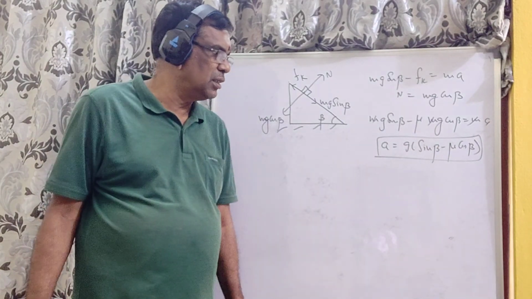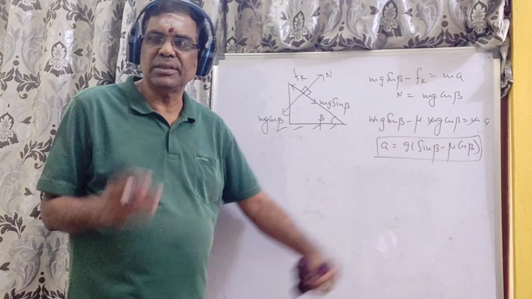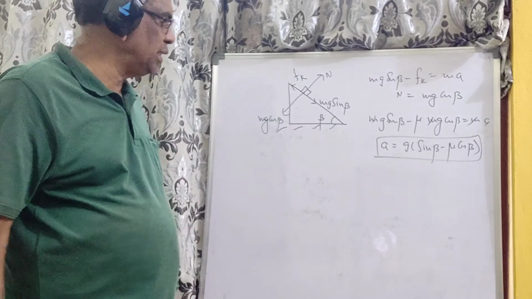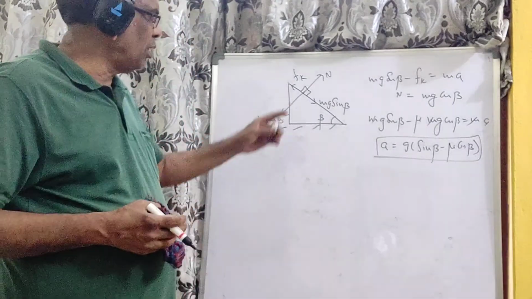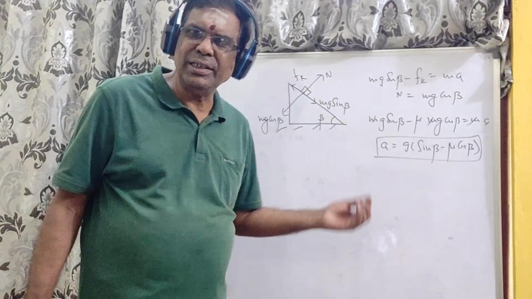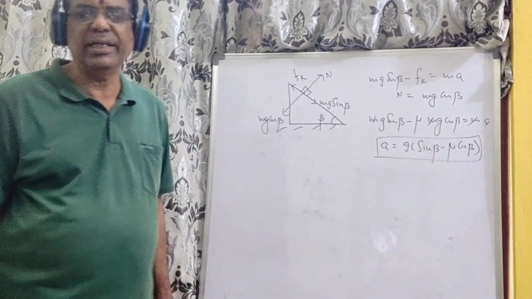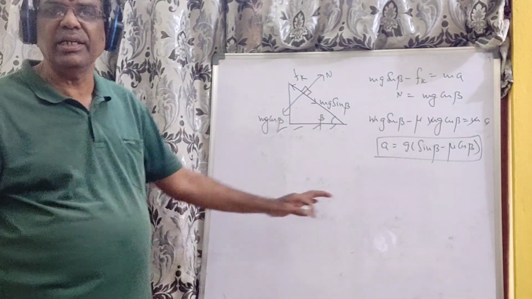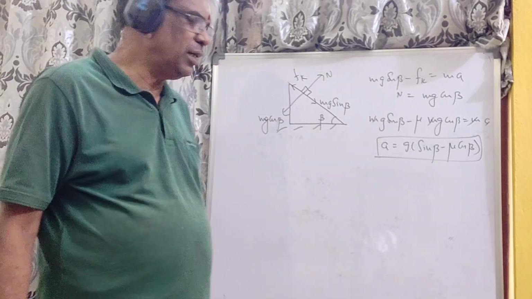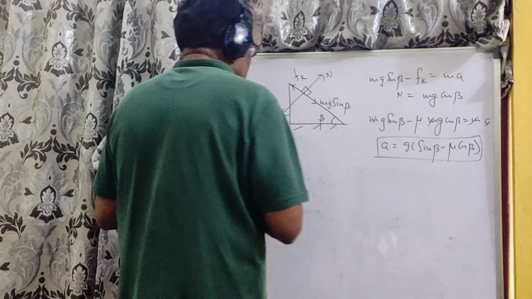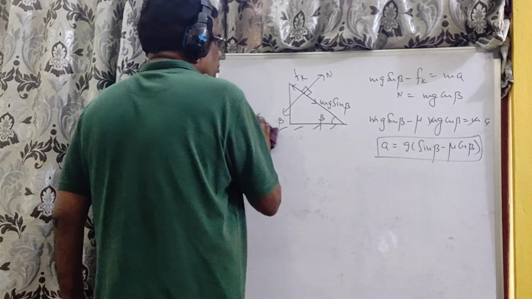Since A is a constant, I think you can do that, etc. I am avoiding discussing all that because the kinematics are simple to apply here. You can very easily do that. Okay? Very easily do that.